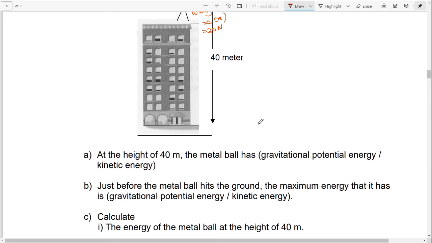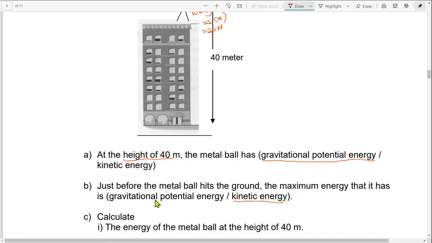At the height of 40 meters, the ball has gravitational potential energy. It's due to the position of the ball. B. Just before the ball hits the ground, the maximum energy that it has would be the kinetic energy.